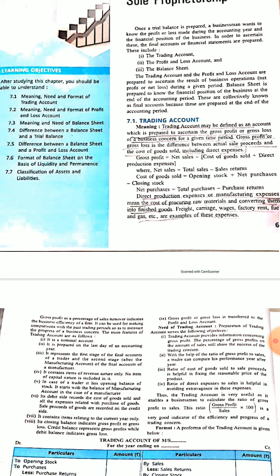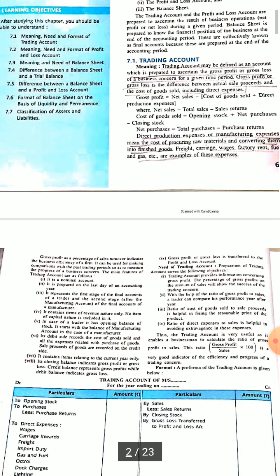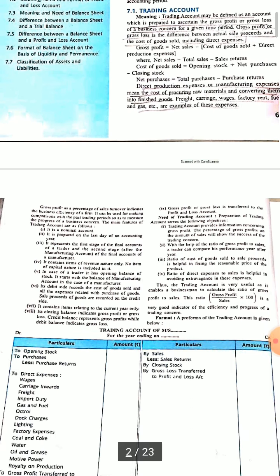Other expenses are also there, like carriage inward or any factory expenses. Whatever is spent in the factory is included in the cost of goods sold along with purchases. Then subtracting it from net sales, we get gross profit or gross loss. So freight, carriage, wages, factory rent, fuel and gas, all these examples are put on the debit side of the trading account.